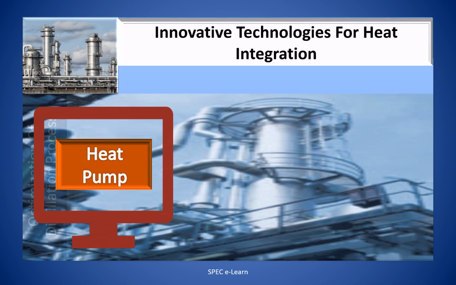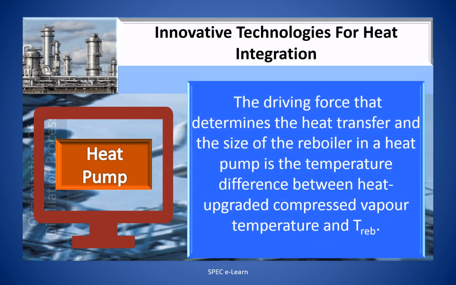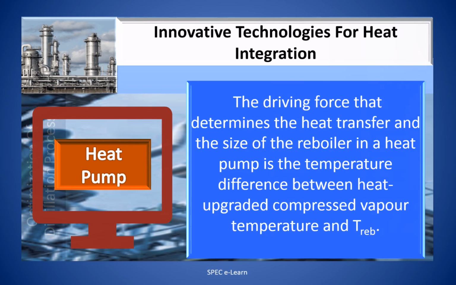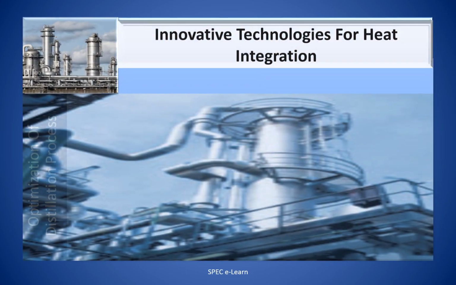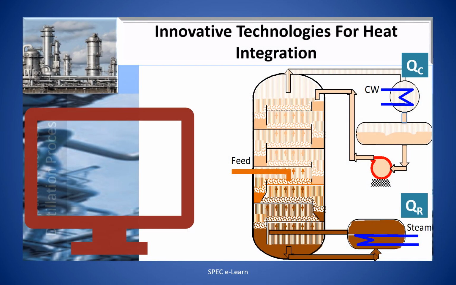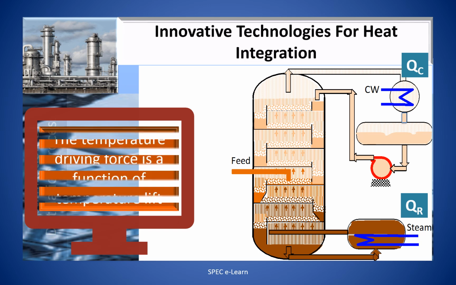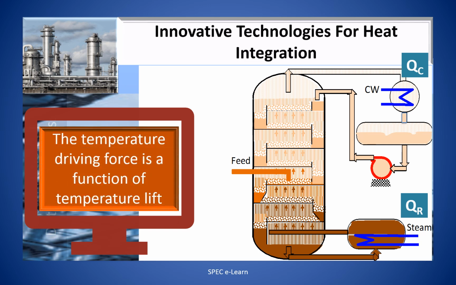The driving force that determines the heat transfer and the size of the reboiler in a heat pump is the temperature difference between the heat upgraded compressed vapor temperature and the reboiler liquid temperature TRB. At this point, we will introduce the term temperature lift.